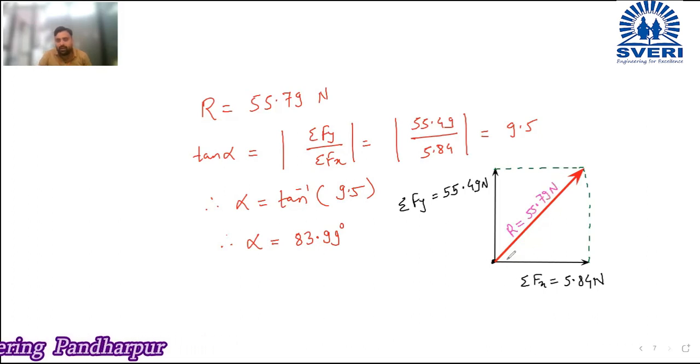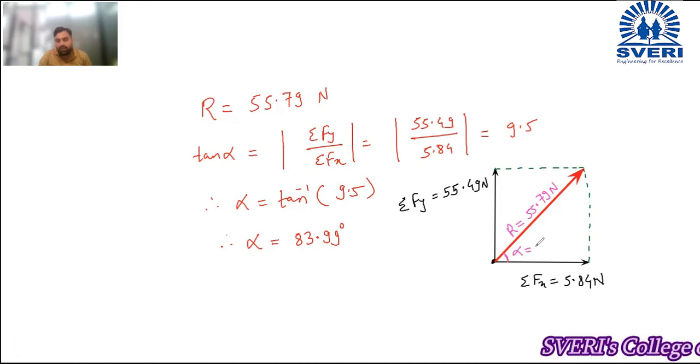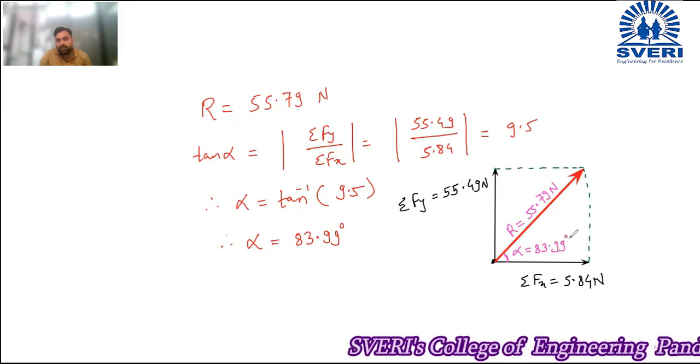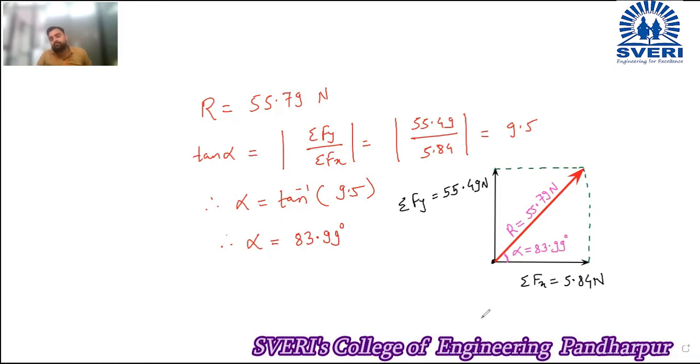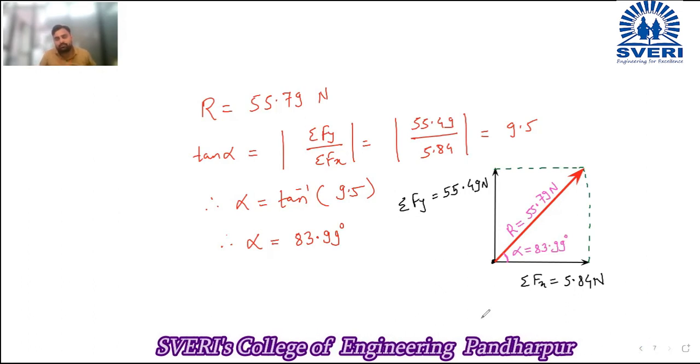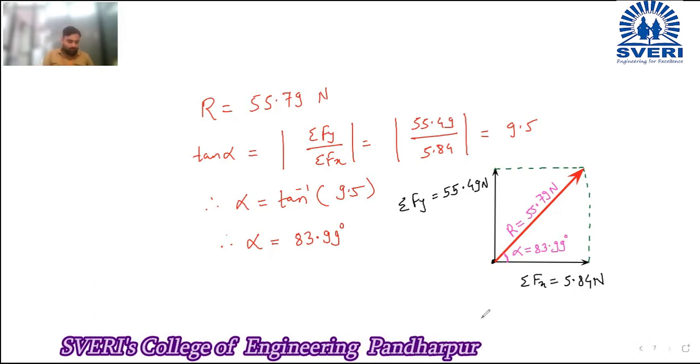This angle of the resultant is nothing but alpha, which we have also calculated. It is 83.99 degree. Okay.